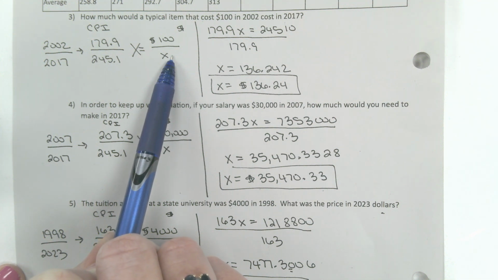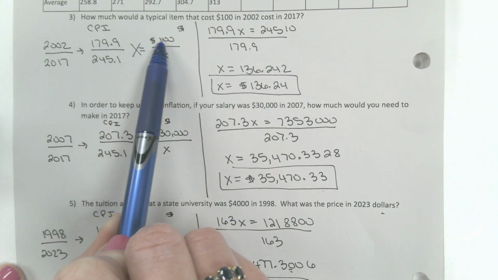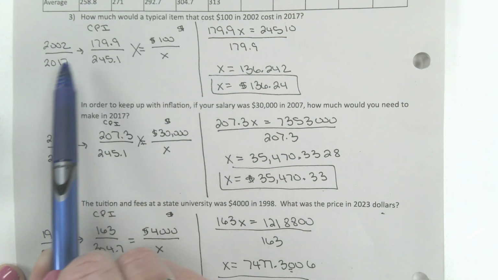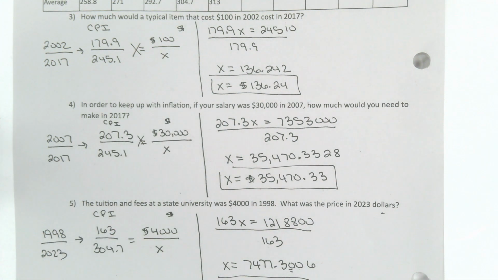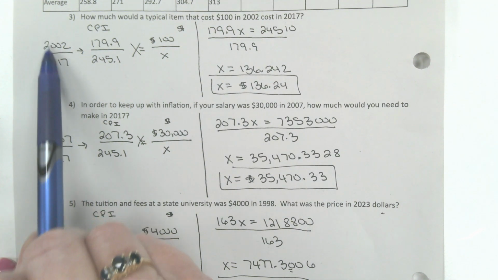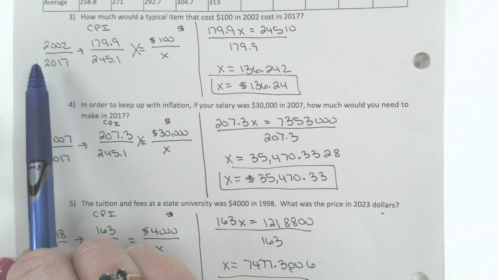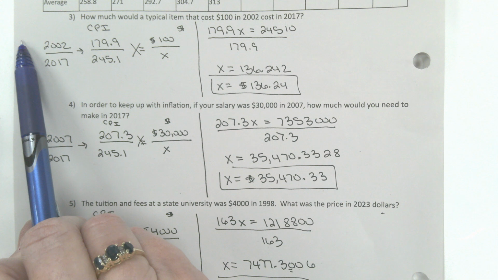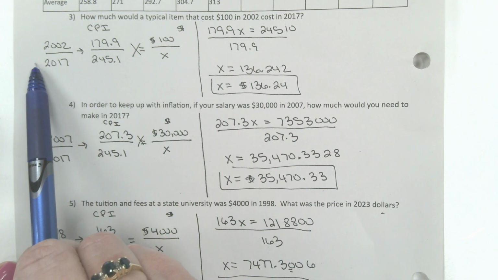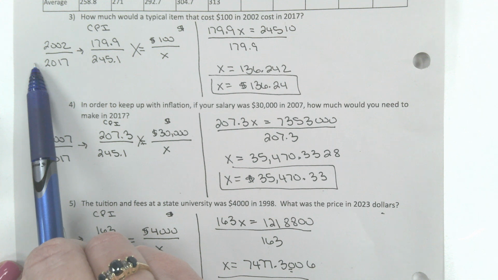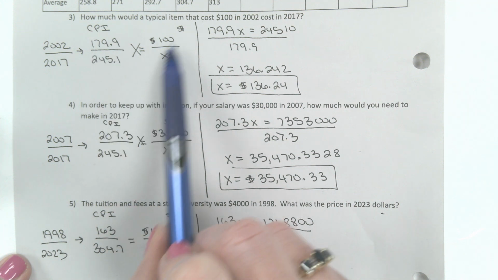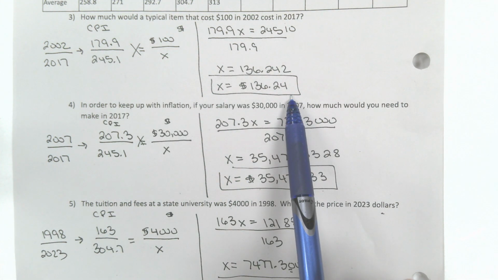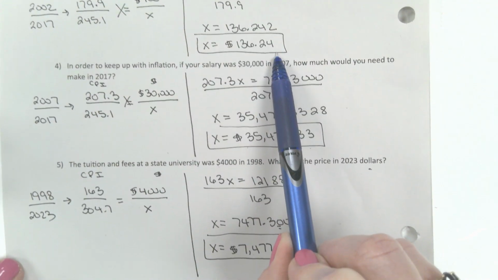You need to make sure that the 100 is with the 2002, and the variable is with the 2017. When you set these up, nobody cares which is on top and which is on bottom. If you put 2017 on top and 2002 on bottom, that is perfectly fine. You'll get the same answer either way. Then you cross multiply, you divide, and that's how I got $136.24.